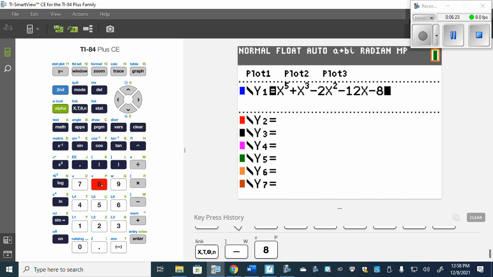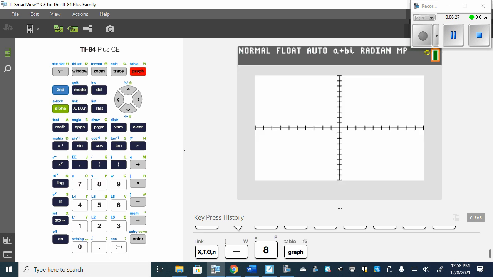So we want to get this typed in, and once we get it typed in, we hit graph. And we get this graph here. We all get the same graph, or something similar to this. Huh, error.